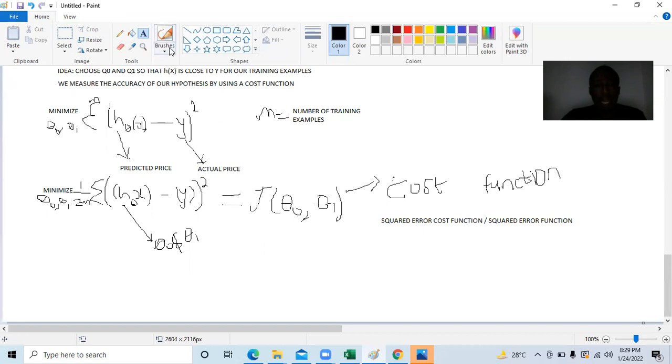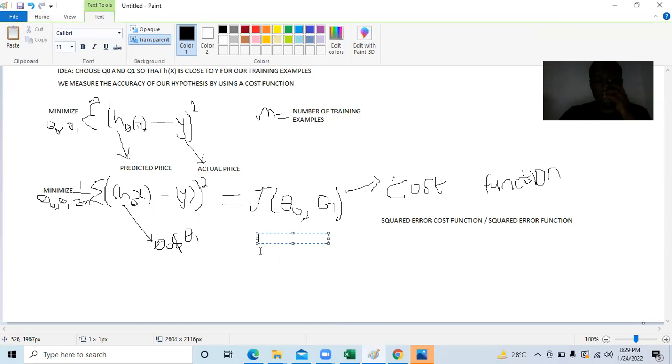In the machine learning crash course that I sent to the group, you will see something called loss function. Loss function is the same thing as cost function, but this is used to refer to the error for a single training example.